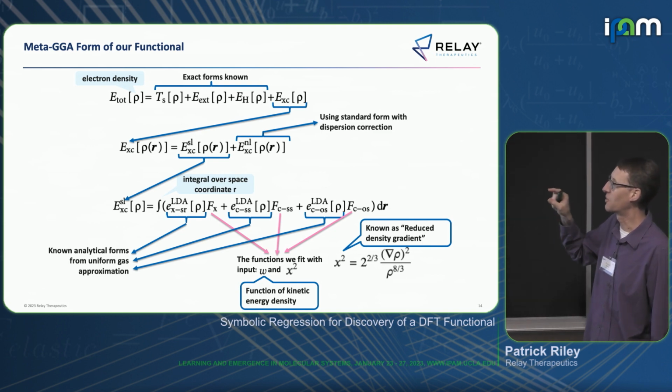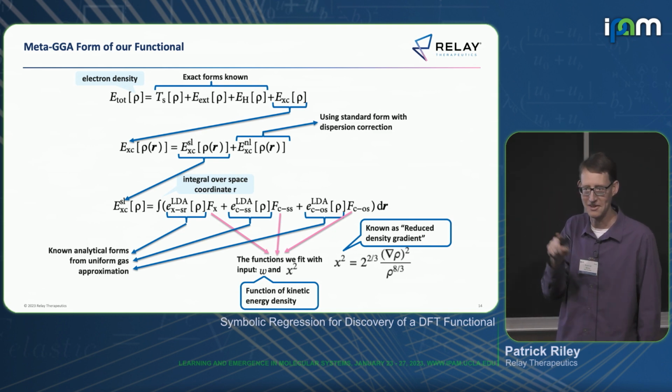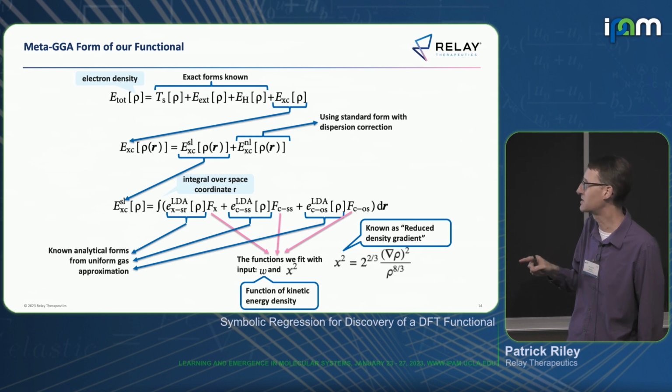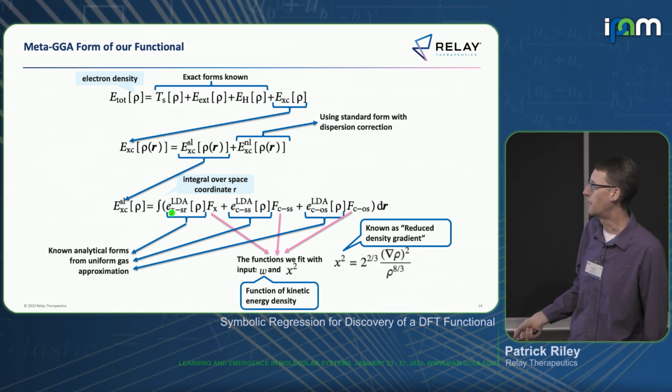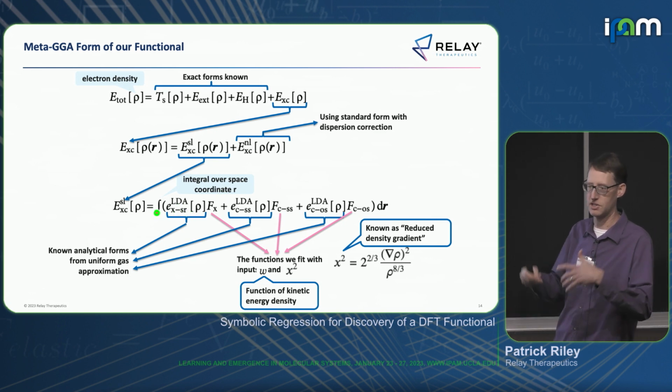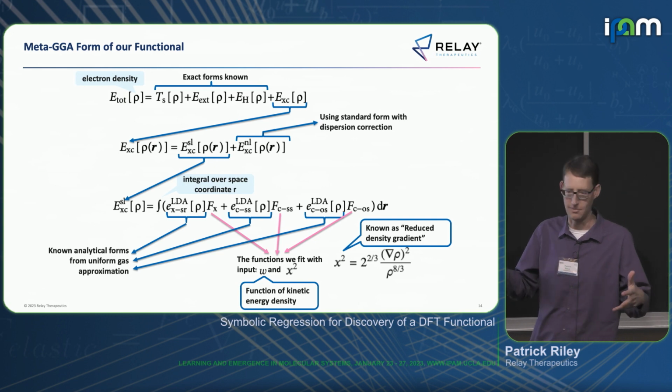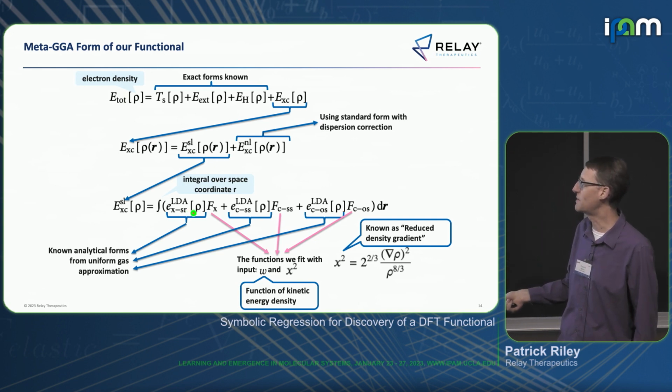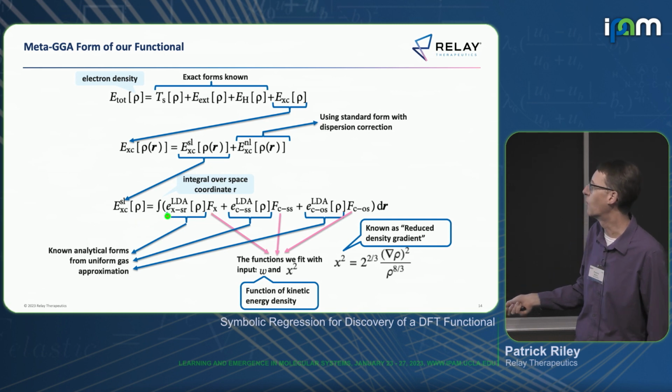And here we're going to use something that came up briefly in Frank's talk, which is this idea of enhancement factors. The idea is we start off with the LDA, the local density approximation, the uniform electron gas approximation. And then what we're going to learn is basically the change from the local density approximation for exchange, same spin correlation, and opposite spin correlation.